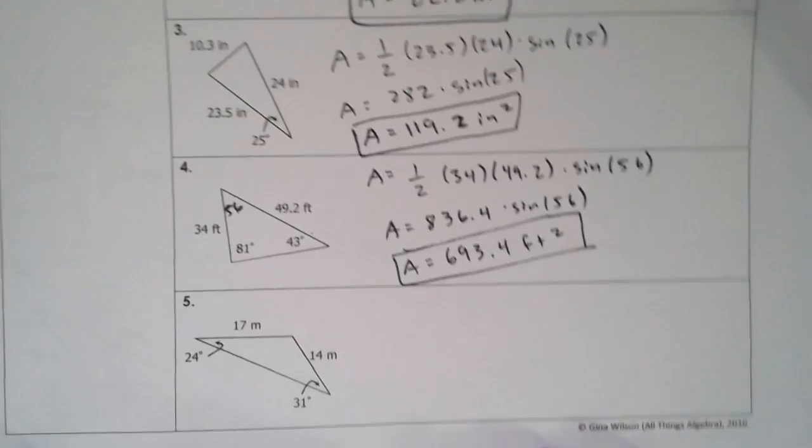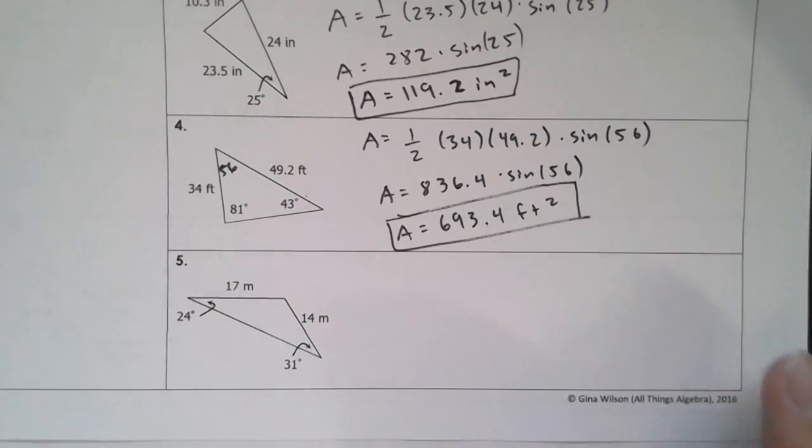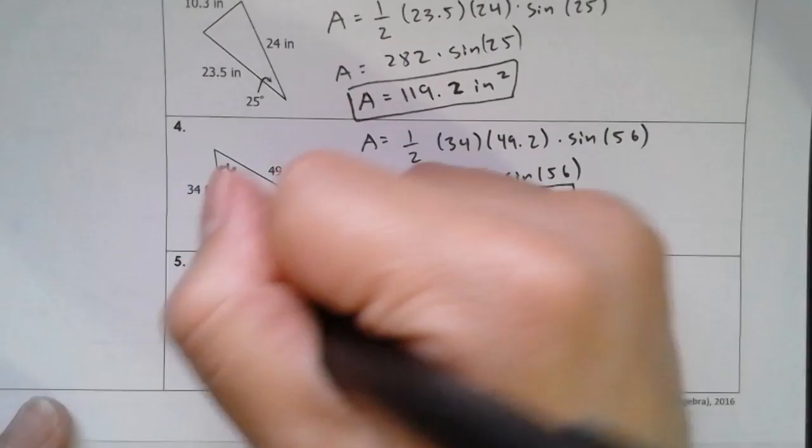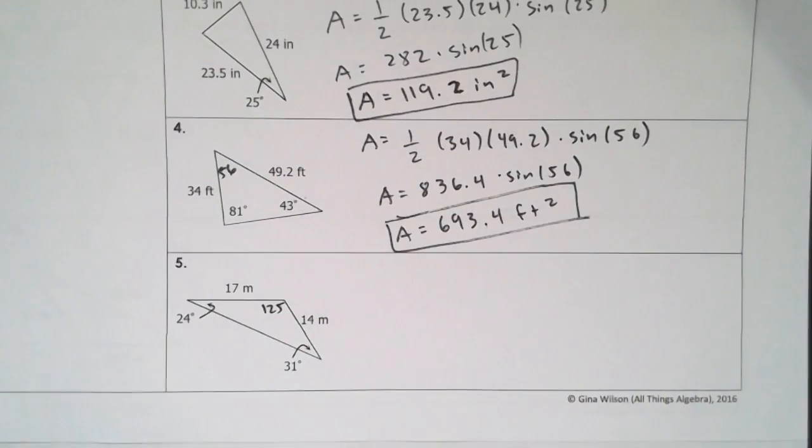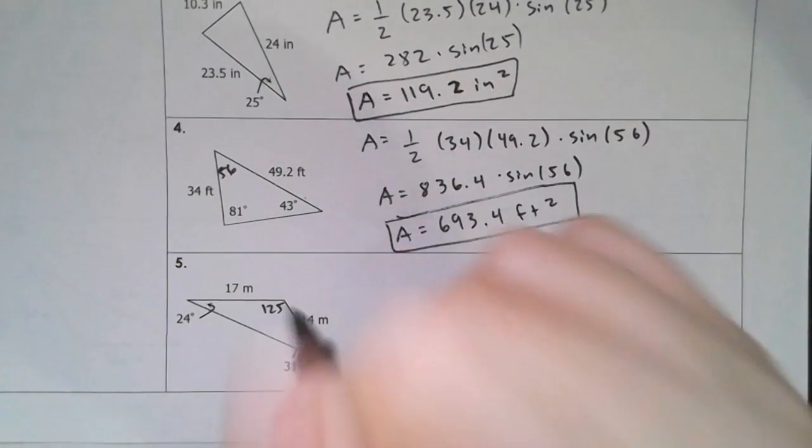Last one on this page, similar to number 4, right? Because the two sides given are opposite to angles that are given, so I need to find the one that isn't. 180 minus 24 minus 31, I'm going to get 125. So that angle there is 125, and now I can take that angle and those two sides.